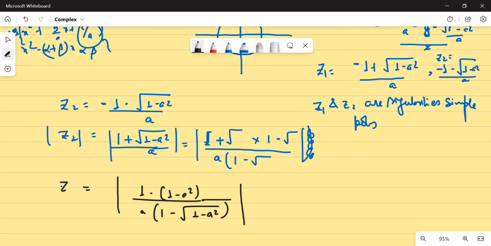Yes sir, this is the mod of your z2. Okay, so this cancels. One a square remains and one a is left: a upon 1 minus root over 1 minus a square. Okay, any difficulty till here?